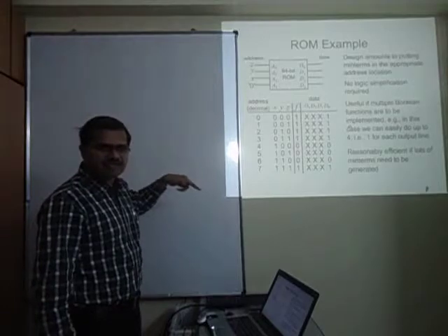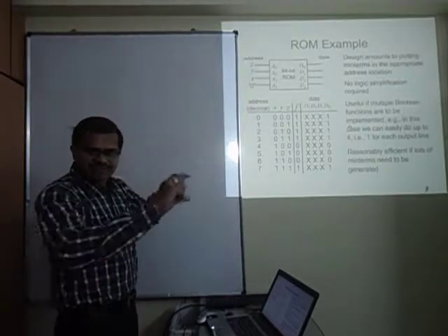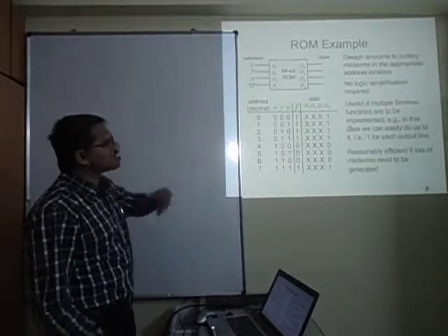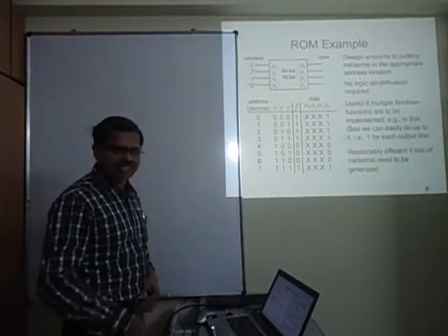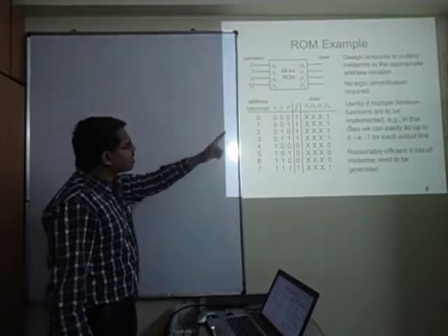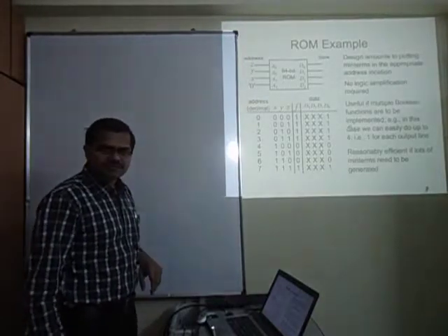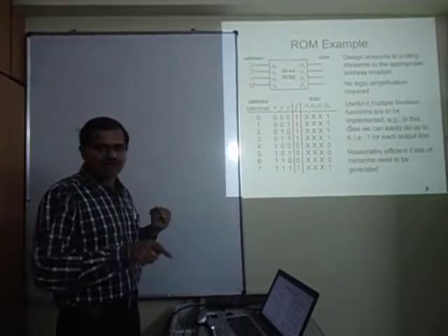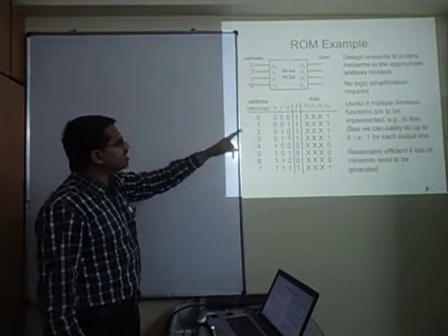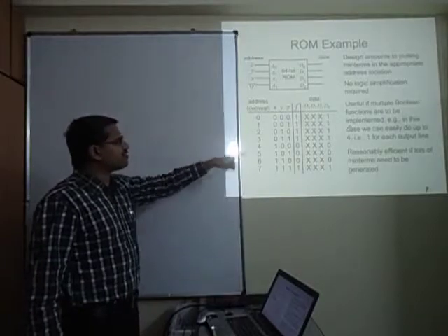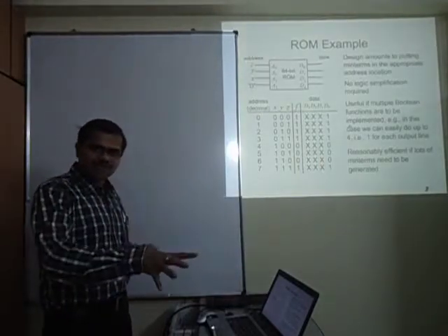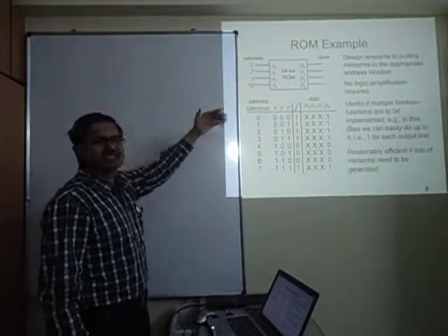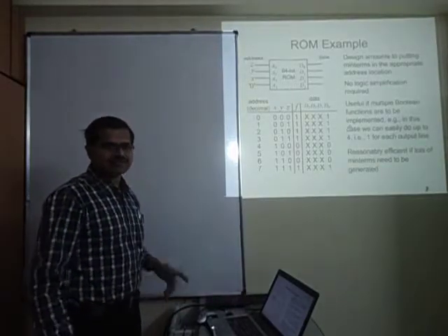There are 16 locations, because a 4-bit address means 16 words, and each word is 4 bits, so 64 bits. Out of them, your interest is to implement only one Boolean function, let us say f, that you want to program onto D0. Then D1, D2, D3 will have some values which we don't know, so we refer to them as x. D0 holds exactly whatever f you want, and you store that when you program it. So whenever you want to find the Boolean function, feed x, y, z, and f will come out on D0. That's how we implement it.